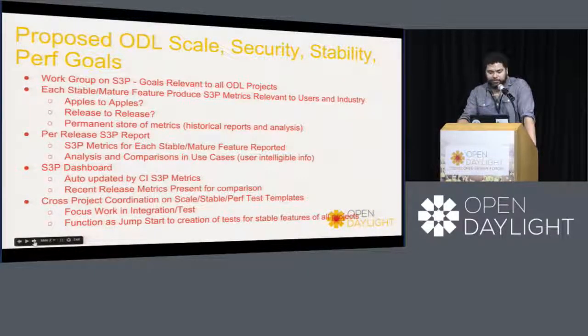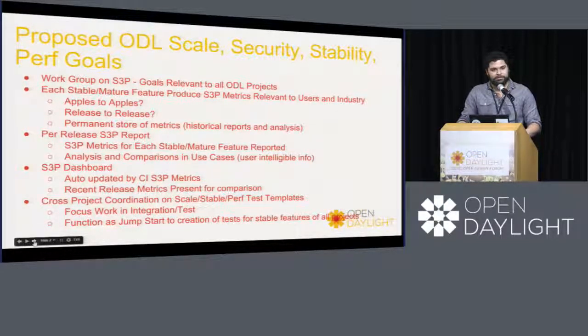The first idea that I had, and that we've kicked around a lot in integration test and other places, is to have each stable feature produce relevant metrics for the users and the industry in general. I think one of the problems with our current metrics in CI and that are available is that they're hard to interpret.